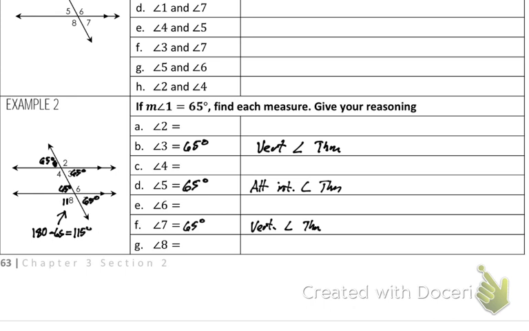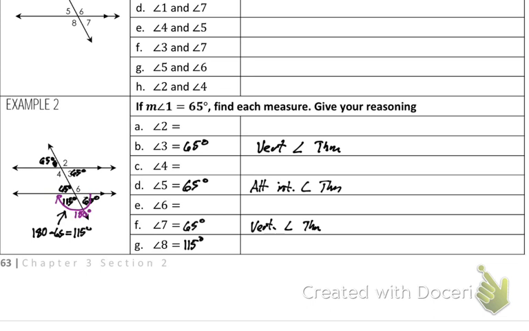So this is 115. So 8, I heard 115. You use same side exterior. Could I have used linear pair? Couldn't I have said, hey, I'll put it in purple, like these equal 180 degrees? So I could have used a linear pair there.